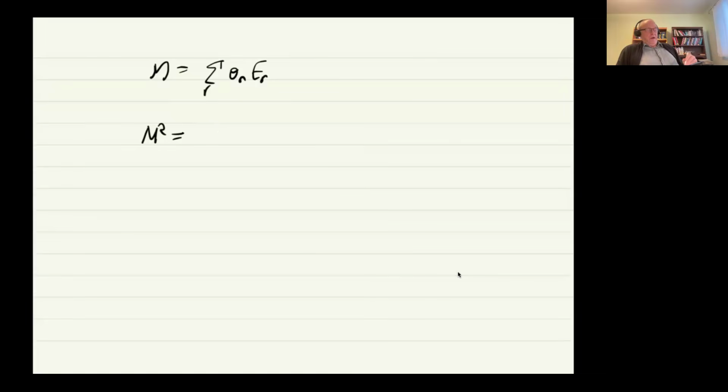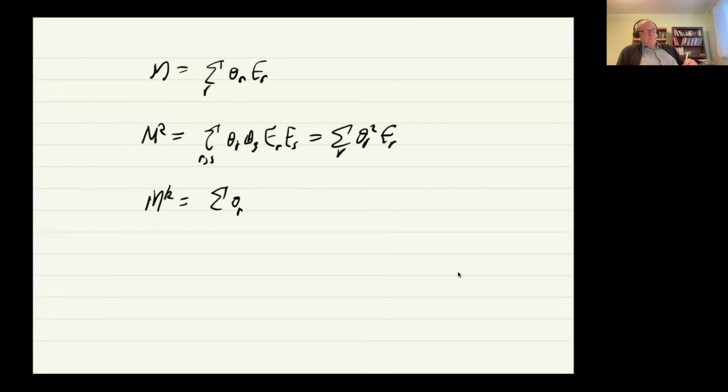Well, we do the obvious, and you get a double sum over r and s of theta r theta s E_r E_s, which is equal to the sum of theta r squared E_r. And then by induction, you would say that M to the k is equal to the sum of theta r to the k E_r. Now, sometimes this is advertised as the spectral decomposition giving you a nice way to compute powers of a matrix, but I've never had to actually use it to do that.